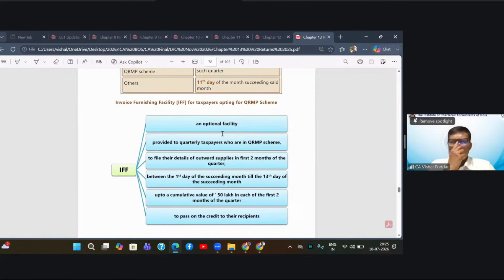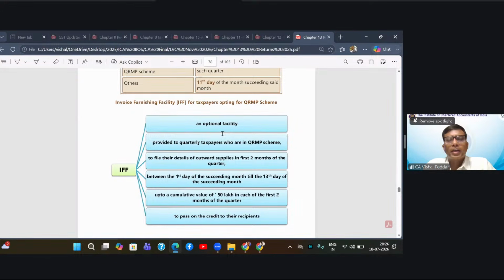Now, under GST, we have something called the IFF. This IFF is applicable for the QRMP scheme. So let us understand what this QRMP scheme is. QRMP, as the name says, is quarterly returns, monthly payment.